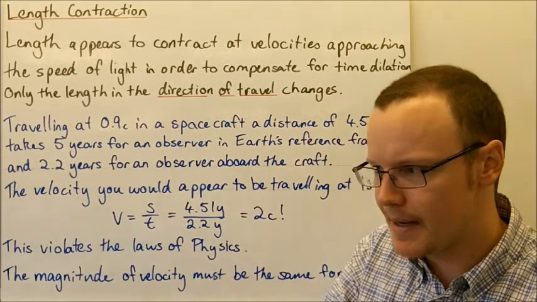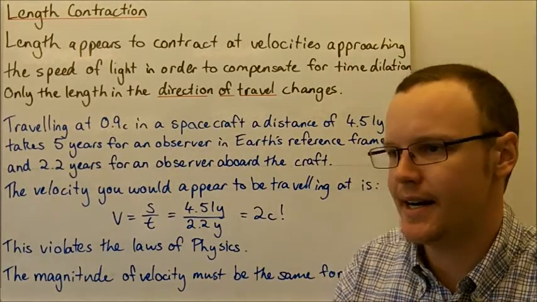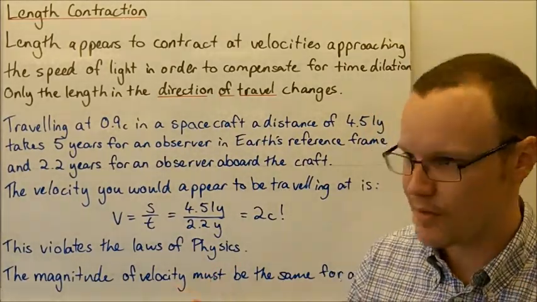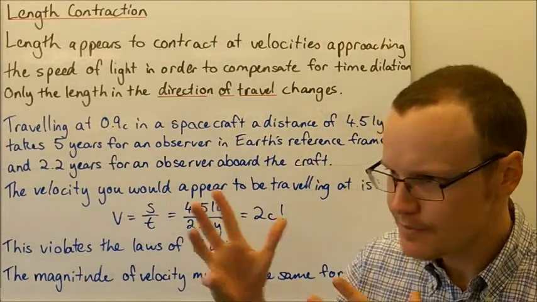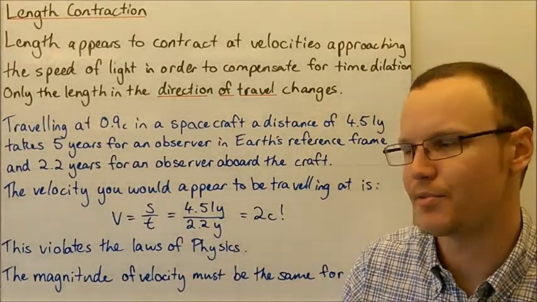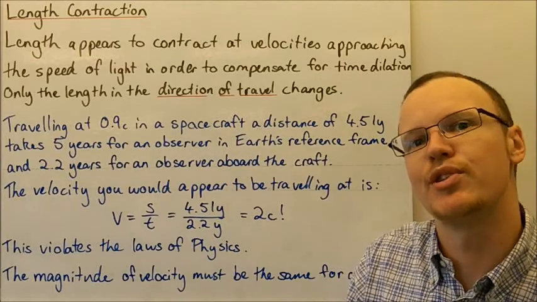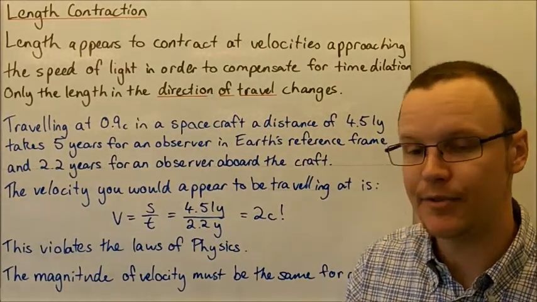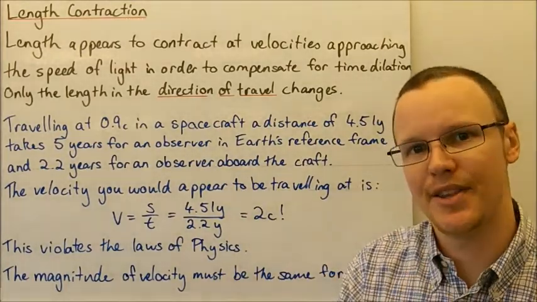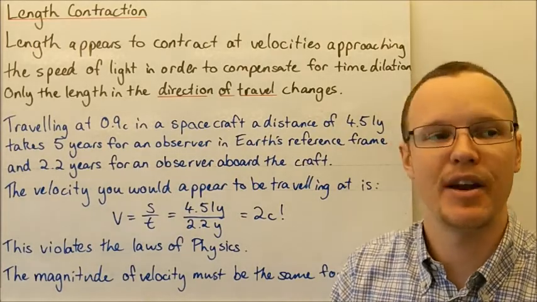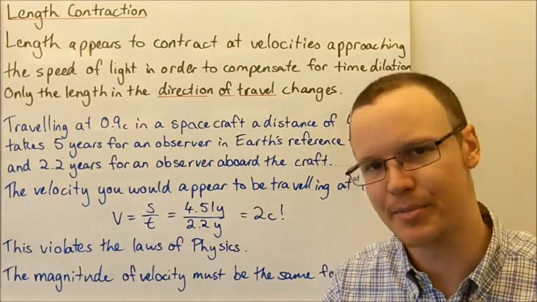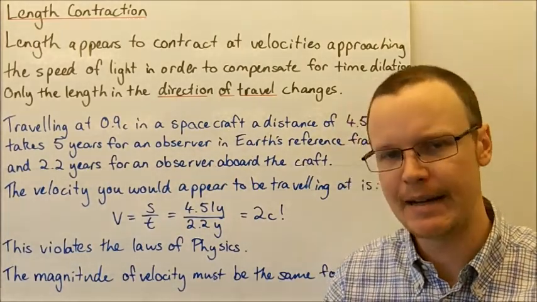You can think about it like this: if you're in a car driving along at 100 kilometres an hour, an observer on the side of the road sees you travelling at 100 kilometres an hour too. And if you look out at that person, they appear to be travelling away from you at 100 kilometres an hour in the opposite direction.